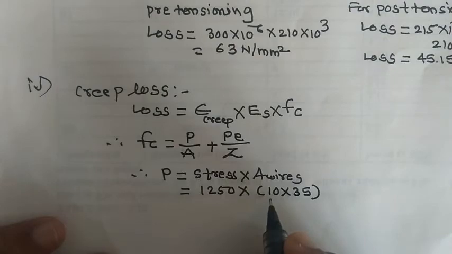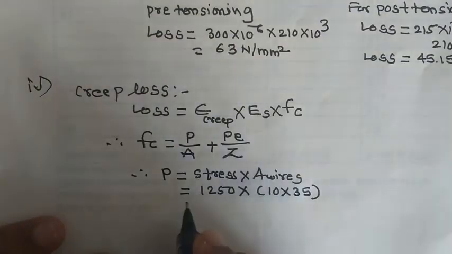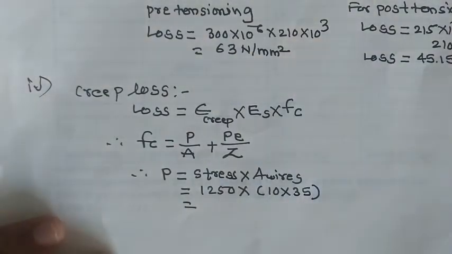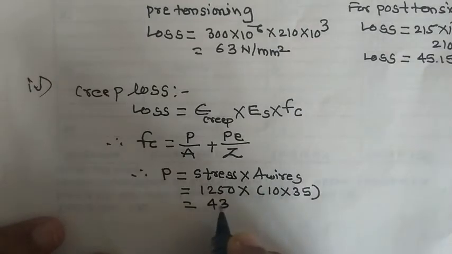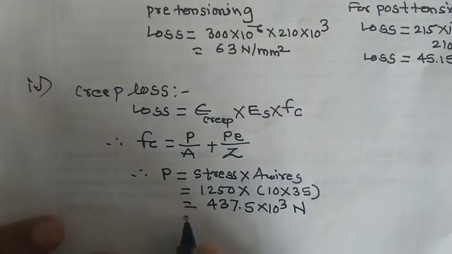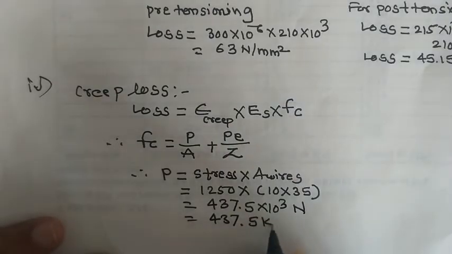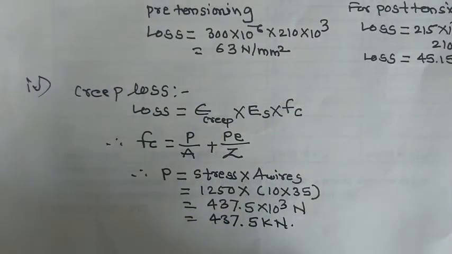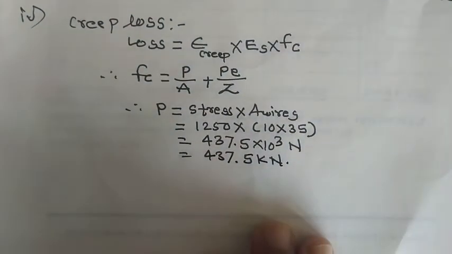So number of wires multiplied by area of one wire gives the total area of wire. So 1250 multiplied by 10 multiplied by 35. The answer is 437.5 into 10 raised to 3 Newton. That means 437.5 kilonewton.